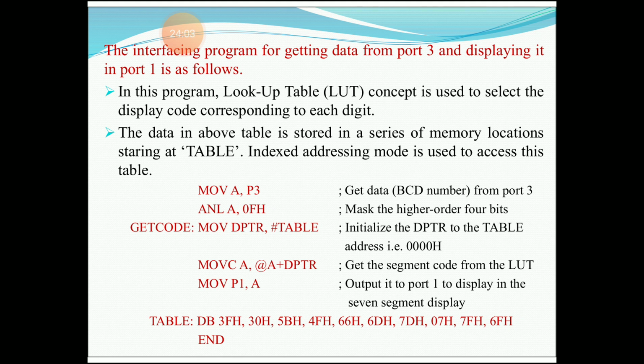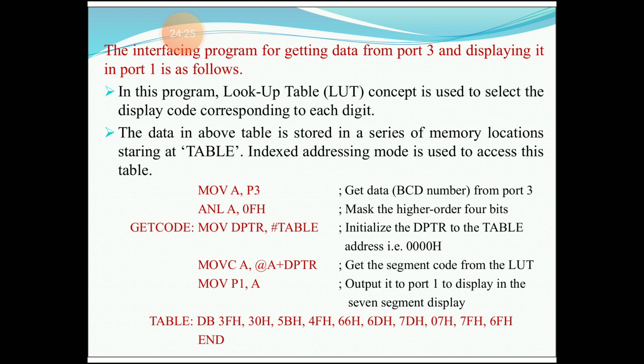After that, we access the base address or starting address of the lookup table by using the instruction MOV DPTR, #TABLE. This instruction initializes the DPTR to the table address, that is 0000H, the starting address of the lookup table.